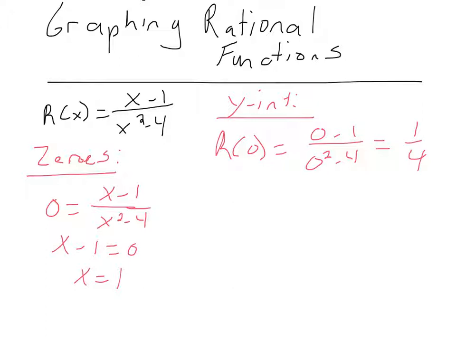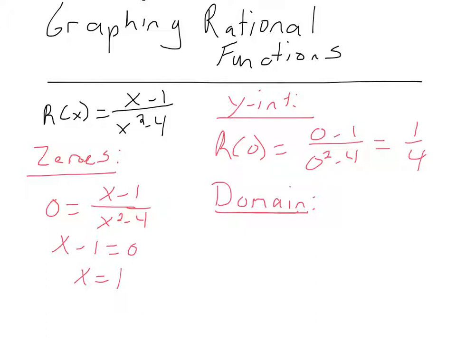Now, the next thing we want to find is the domain of the function, which will lead to knowing where the vertical asymptotes lie.